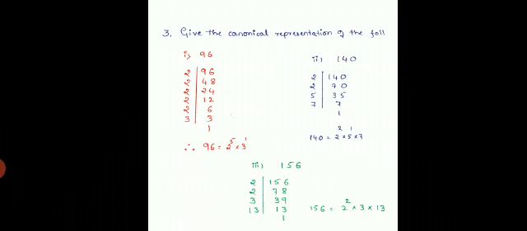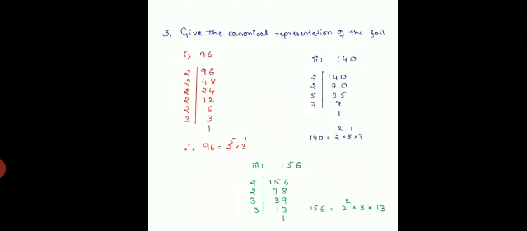Again divide it by 2, you get 12. 12 divided by 2, you get 6. 6 divided by 2, you get 3. 3 is divided by 3 only. So the canonical representation can be written as 96 is equal to 2 to the power 5 into 3 raised to 1.